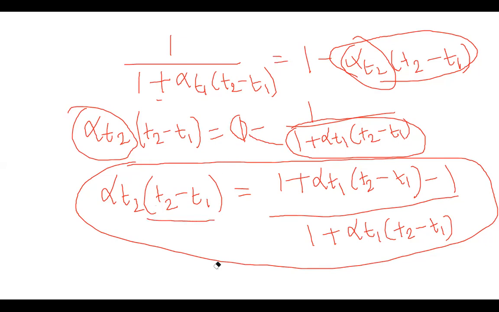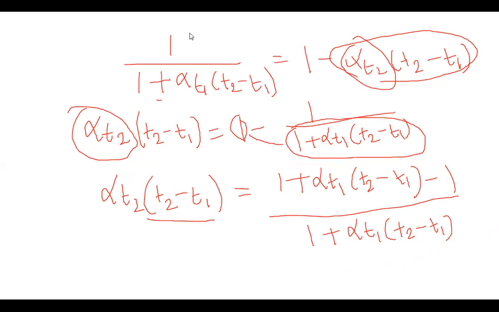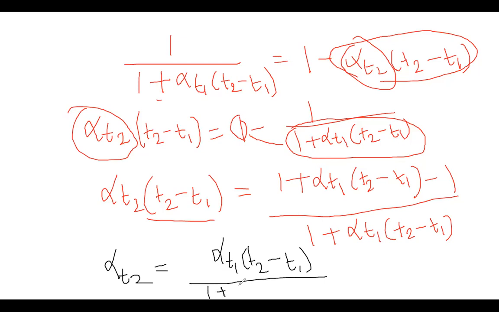So what we can now have over here, alpha T2 is equal to, can we write, alpha T1, T2 minus T1, divided by 1 plus alpha T1, T2 minus T1, multiplied by 1 by T2 minus T1 that I transferred from the other side of the equal sign.